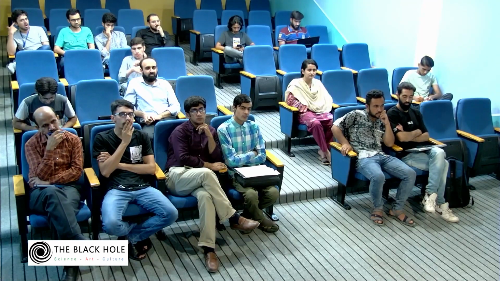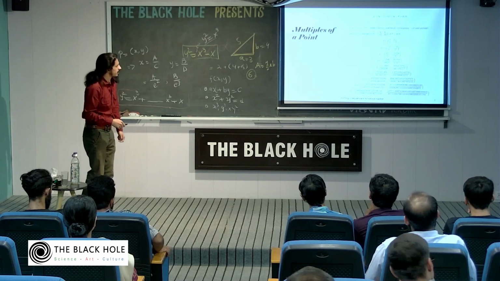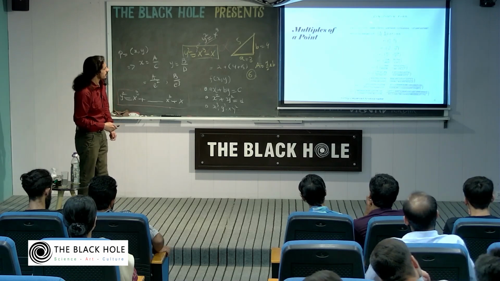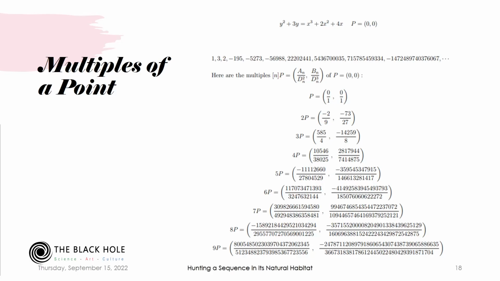So this is the elliptic curve that I chose. This is again a page from my thesis. This is the elliptic curve that we choose, and the point which lies on this elliptic curve is (0, 0).